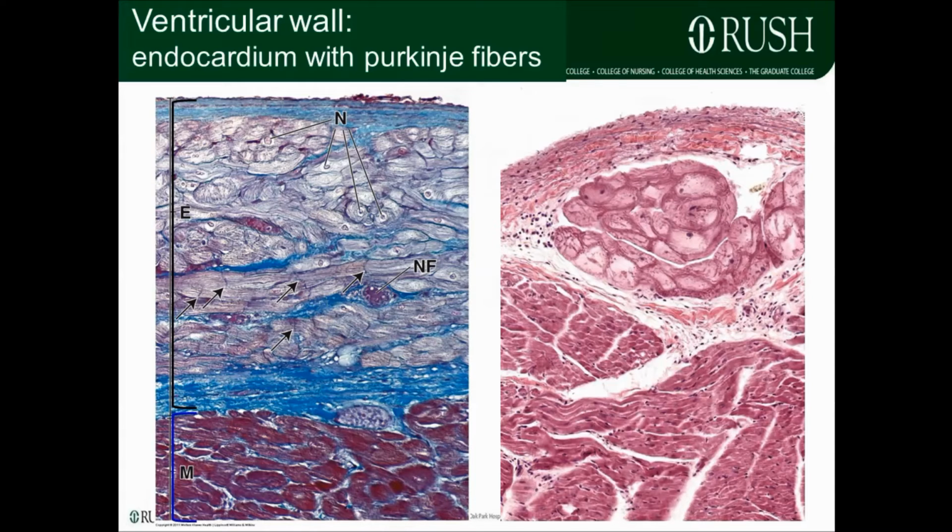They appear very pale staining because of the glycogen that fills their cytoplasm and then is processed out during preparation for histology. In both cases, on the right on the H&E and on the left in the trichrome stain, you can see a portion of the myocardium or the cardiac muscle cells themselves.